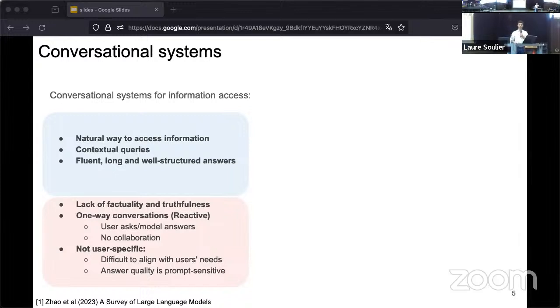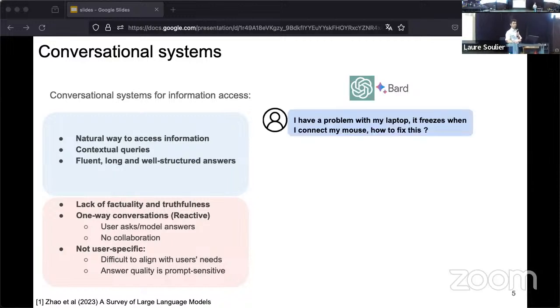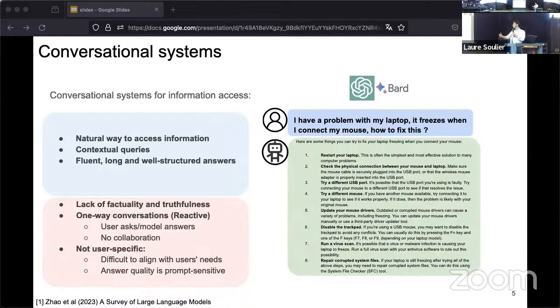For example, if we take a conversationally deployed model such as Bard or ChatGPT, given a query, the query is contextualized by the conversation, and they usually are trained to answer with very long and well-structured answers, such as an example like this.